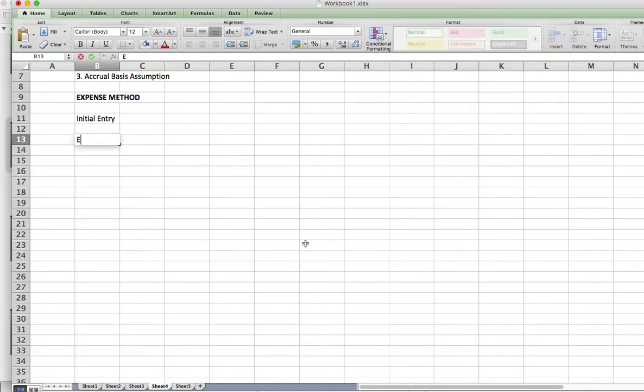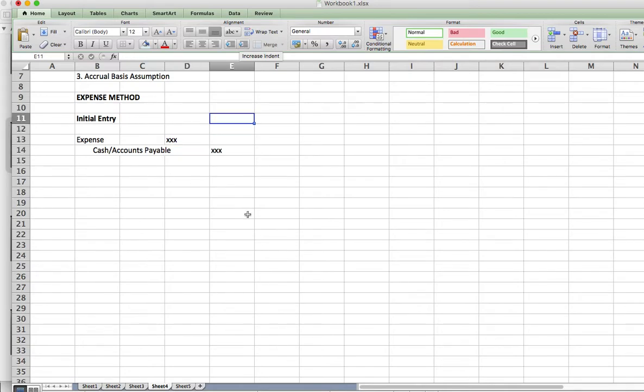So, debit expense, credit cash or accounts payable. Yan ang initial entry.